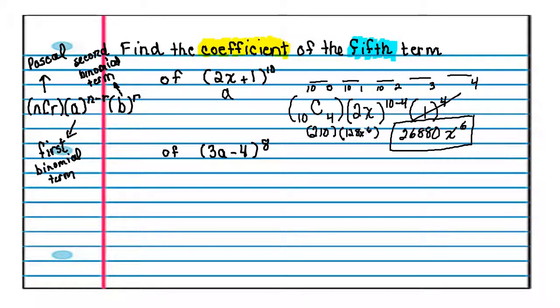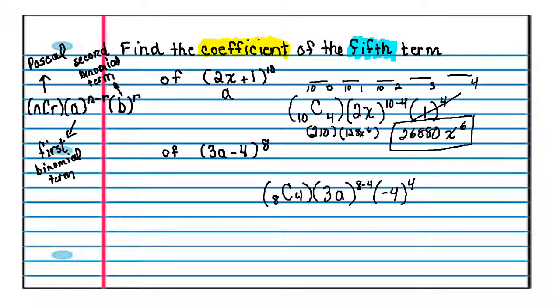Same thing for the next one here. It's to the 8th power, so we've got to find our NCR. So this is going to be 8C4. And then our term inside here, so 3a, 8 minus the 4, and then the negative 4, and the r, which is 4.